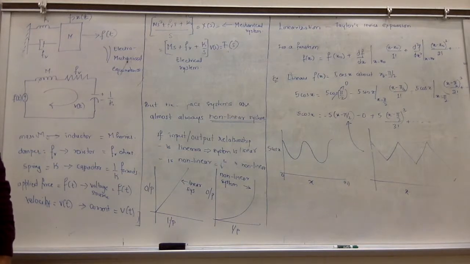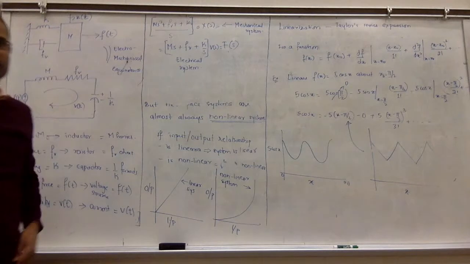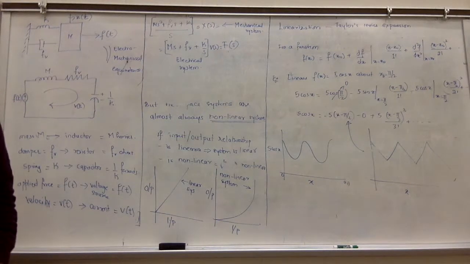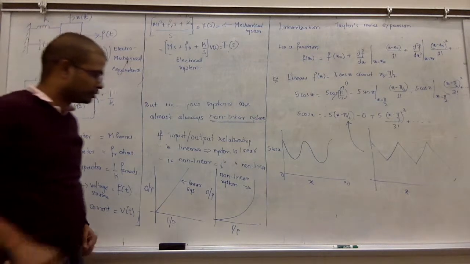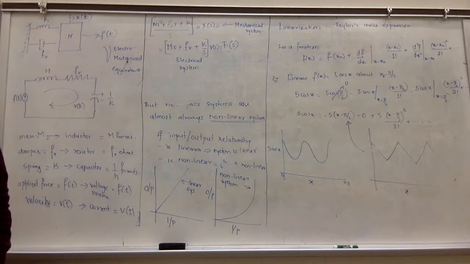If we go back to the definition, output over input. What is the output here? Velocity. So velocity is d over dt of displacement. And what is the transfer function of that? s into x of s.